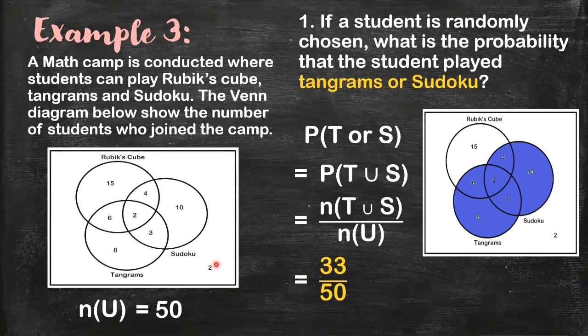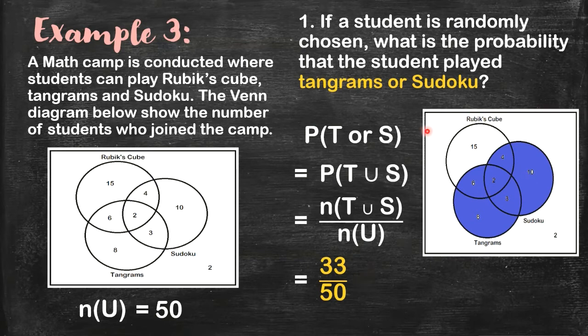Okay? If you do that, if you add all the numbers there, you will get 50. Okay? So that's why we have n of u equals 50. Okay? And then, if you add all the numbers here, doon sa union ng tangrams and Sudoku, you will get 33. Now, of course, ang hirap mag-add kasi ang dami nito. Right? What is the other way of getting 33?